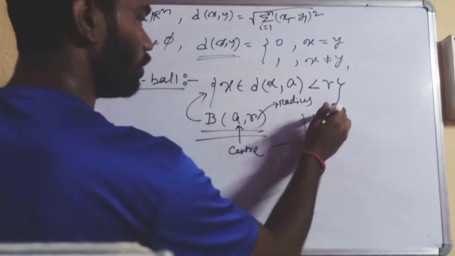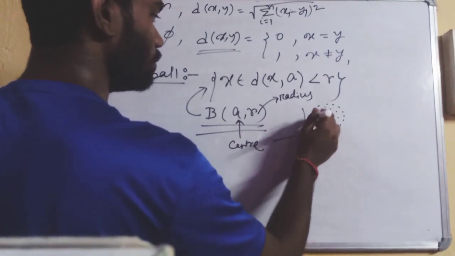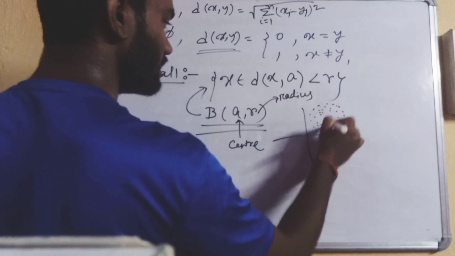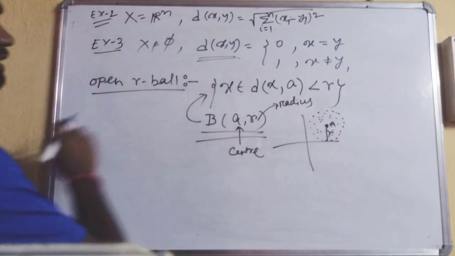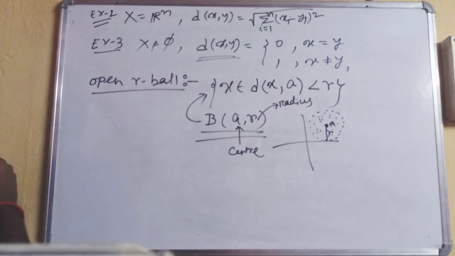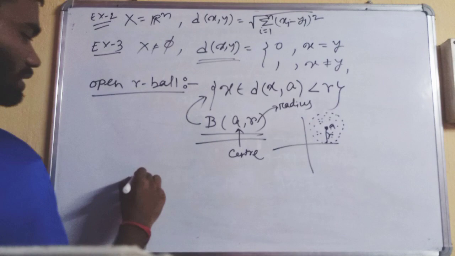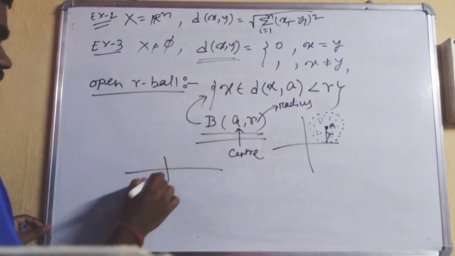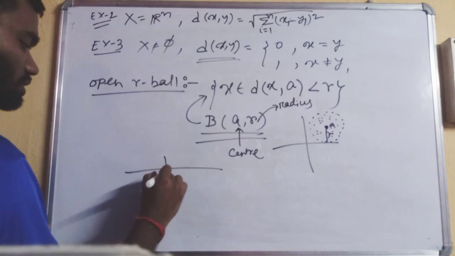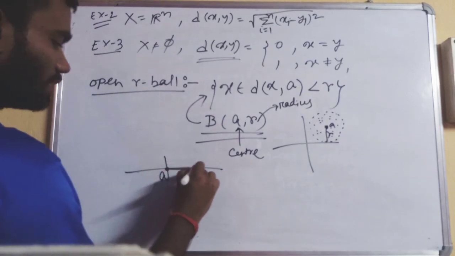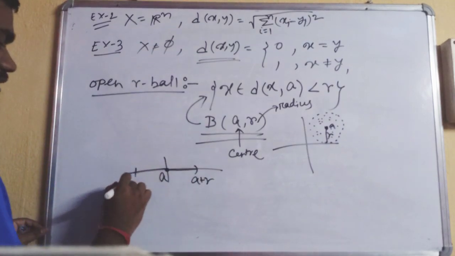Then all the points x which are inside this radius r form the open r-ball. Fine. In one dimension, suppose it is a point a, then here we get a plus r and here we get a minus r.